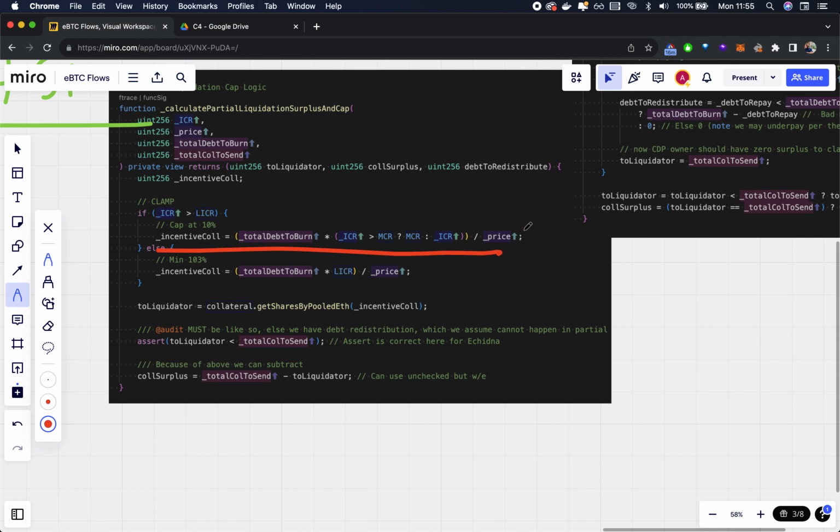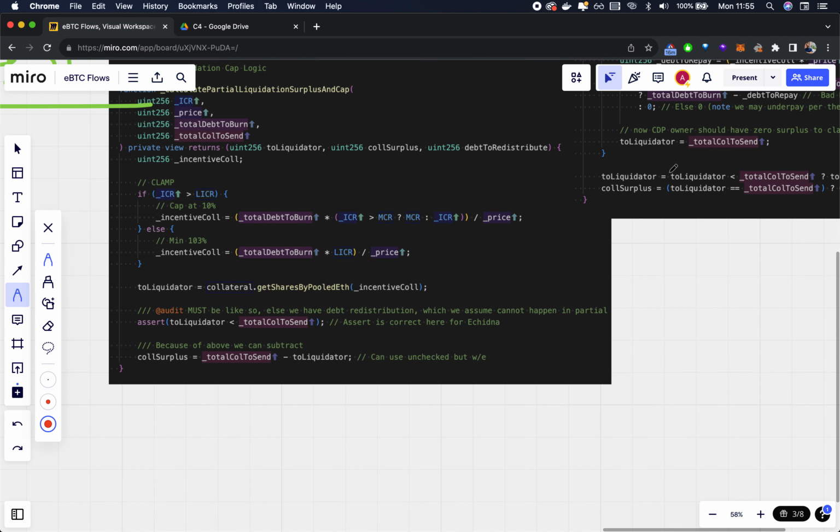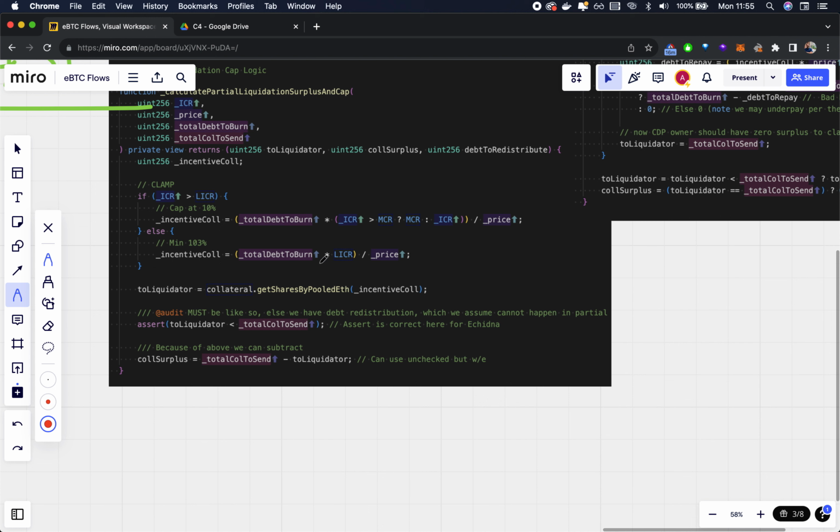So this scenario will be the healthy one. This is a healthy liquidation with a premium. Same idea. We use the debt to determine the collateral, and we know it doesn't need to be capped. So that's why we skip the capping there. And then instead, if we are below that, we're going to use similar logic where you're using the debt you're burning to effectively give you more collateral for less because of this calculation right here.